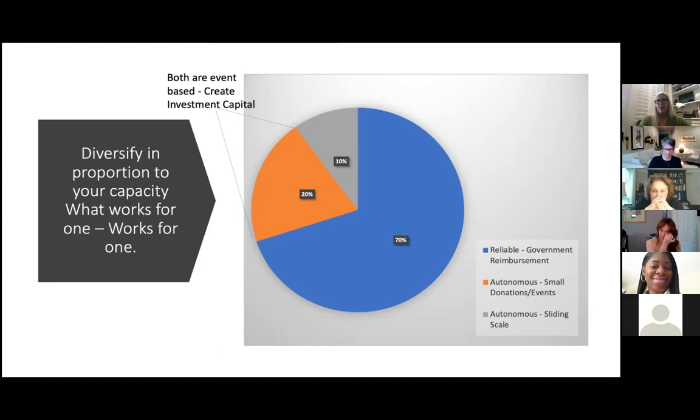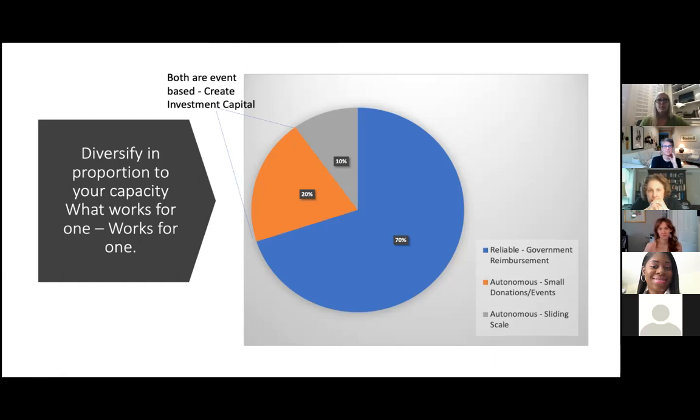And then they are also doing some sliding scale fee generation from clients. And that is relatively autonomous too, because those are either a break even or they are, in this case, creating a margin that is also unencumbered by any particular program or accountability.